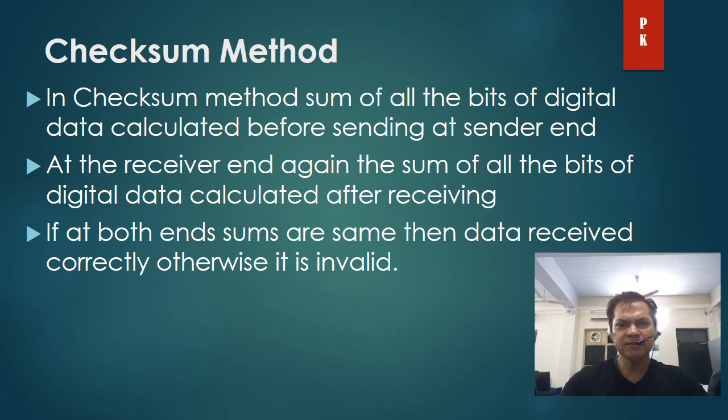After summing up the data at the sender or receiver end first, if there is an extra bit left, that extra bit will be added to the next data, and that data will be added to the next data.